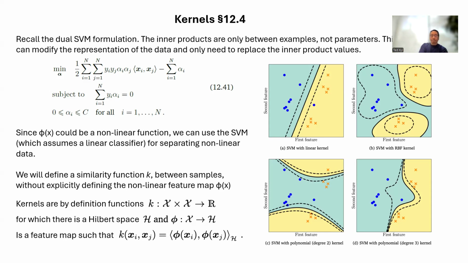And so the formal math says that we're going to define a kernel K. X is our data space, and this kernel is going to do an inner product between 2 X's and return a similarity score.